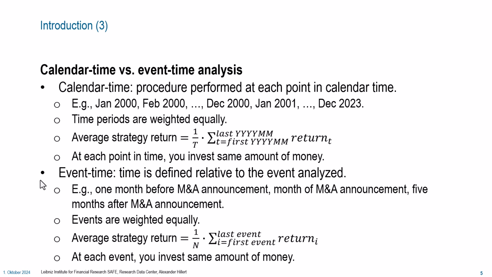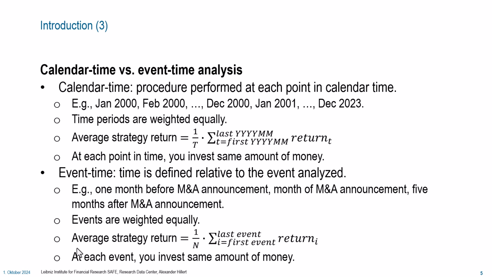So here events are weighted equally, and the average return will then be 1 over n, where n is the number of events, and we would sum up the returns from the first event up to the last event in our sample period. The implication of weighting events equally means you invest the same amount of money in each event.